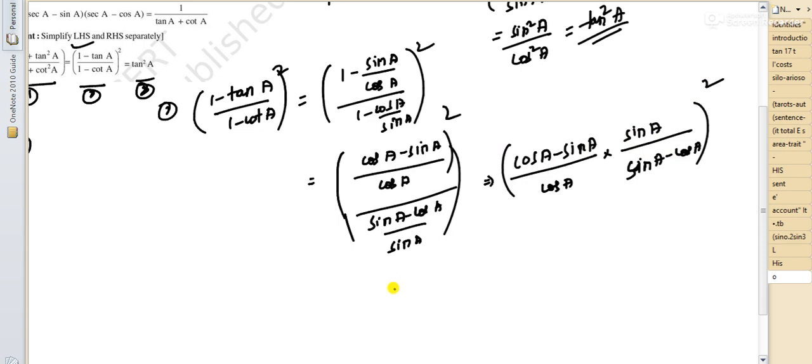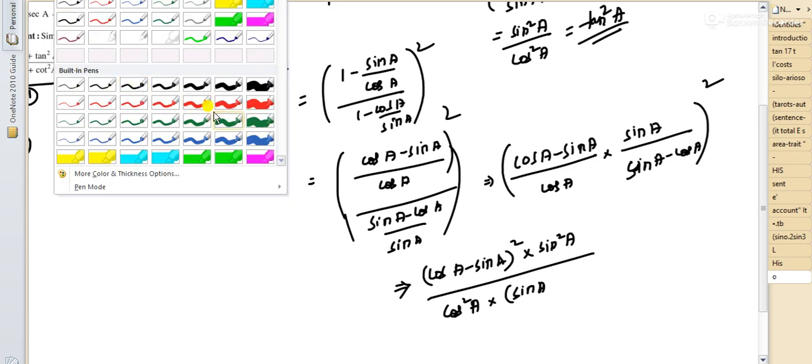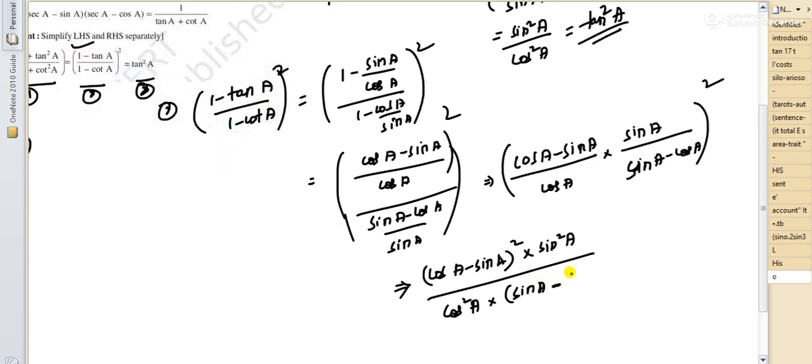So what will be that? If I do it, see, this will become cos a minus sine a whole square into sine square a divided by again cos square a into, this is sine a, sorry, this is minus not plus, minus cos a whole square.